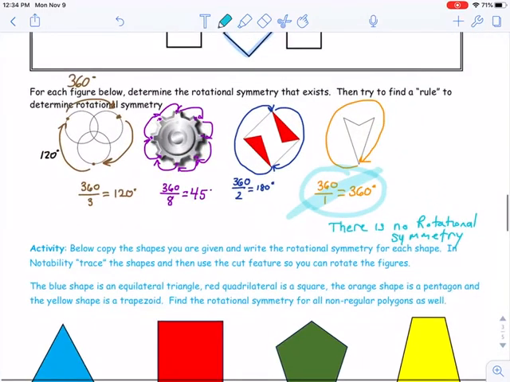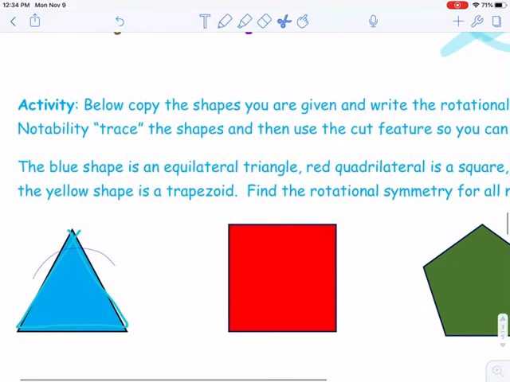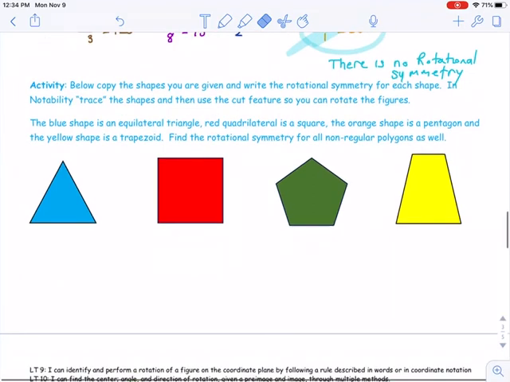All right, so what I want you guys to do is below there's some shapes, and we're going to figure out the rotational symmetry for each of these shapes. So what I want you to do is just trace again. This is going to be pretty quick, but I want you to make it look better than this. And then you can copy it, and then I can rotate it and play around with it right there. So take your time. I want you to try it on your own.